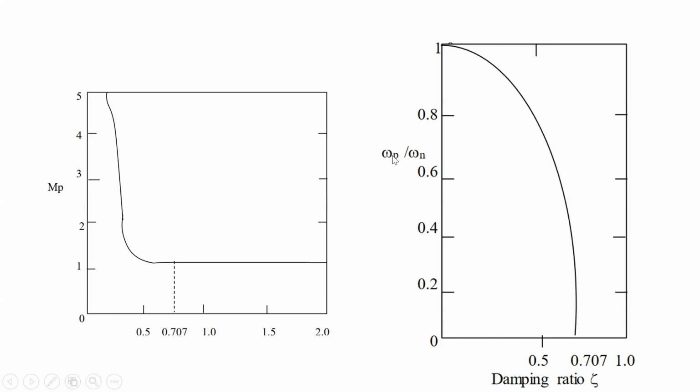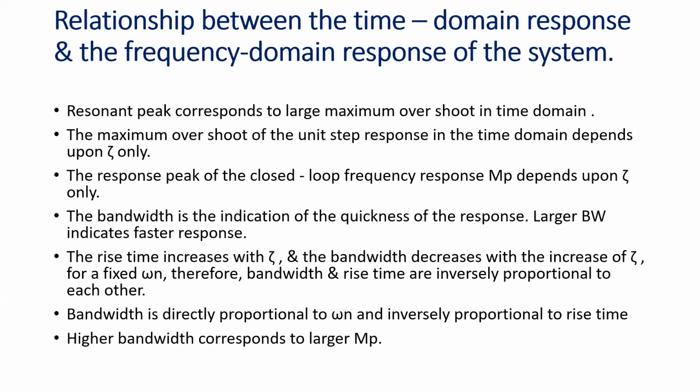Also the resonant frequency, omega p, the normalized resonant frequency omega r, is also decreasing with the damping ratio. So as the damping ratio zeta increases, the resonant peak decreases, the resonant frequency decreases, and the bandwidth will also decrease. So this is about the correlation between the frequency domain and the time domain. Next, we will continue in the next class.